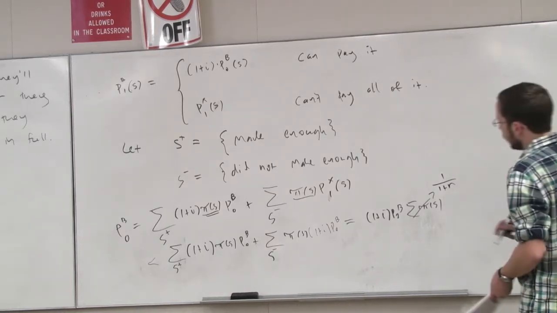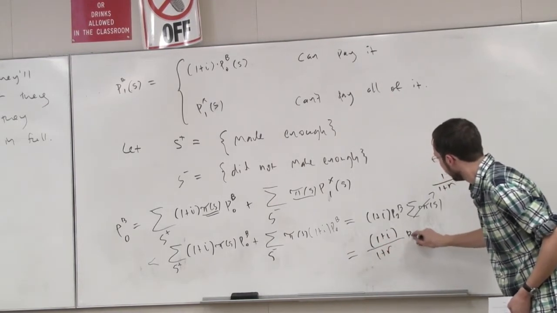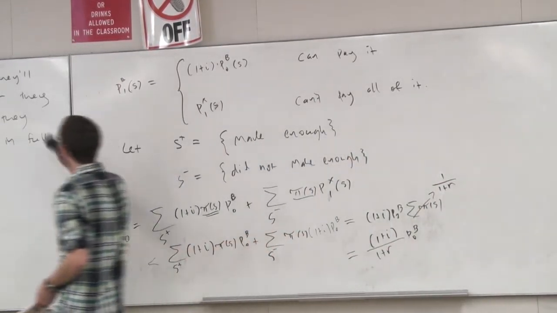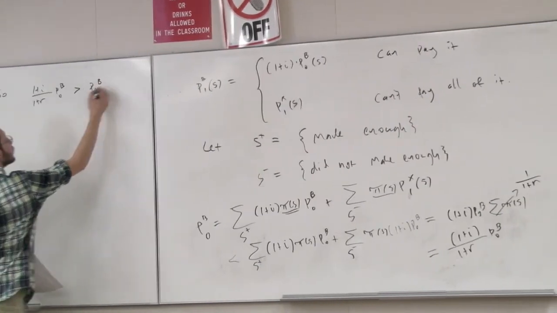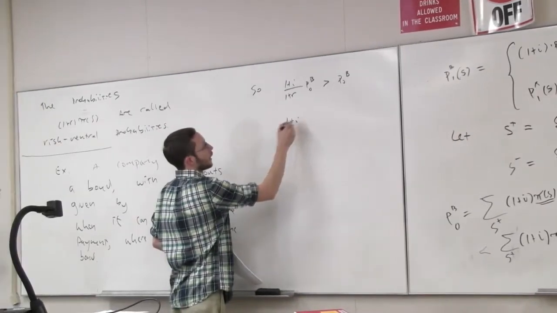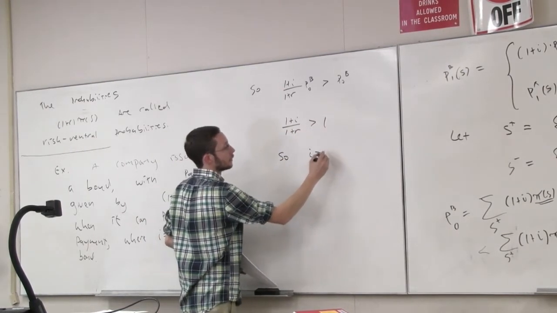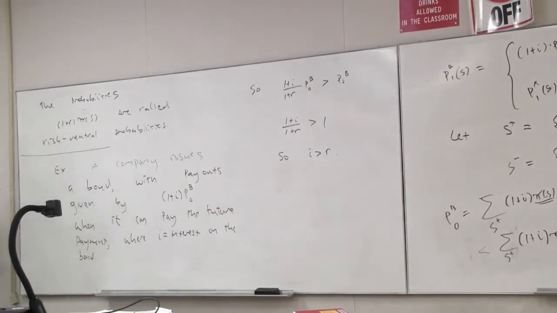And so we get 1 plus I over 1 plus r times P naught B must be greater than P naught B. And what that says then is 1 plus I over 1 plus r must be greater than 1. And so the interest that you would charge for that bond is greater than the risk-free rate.